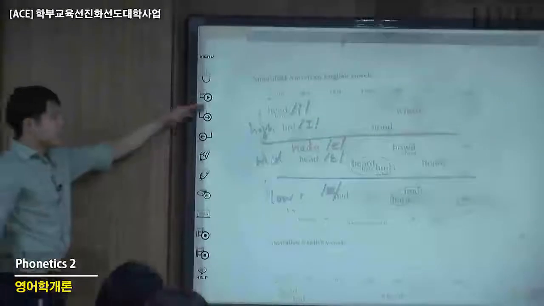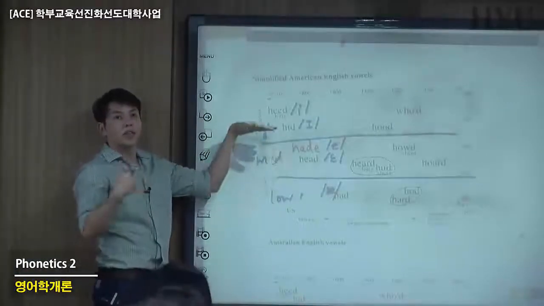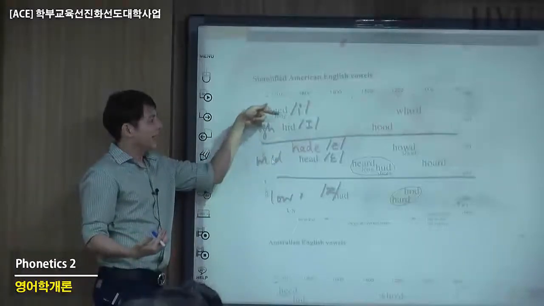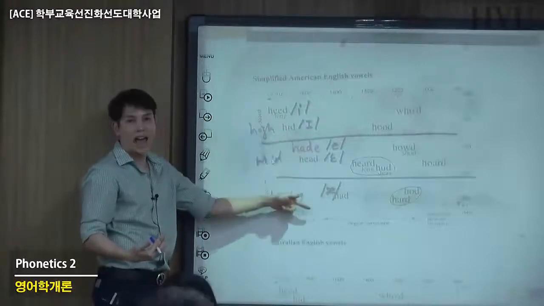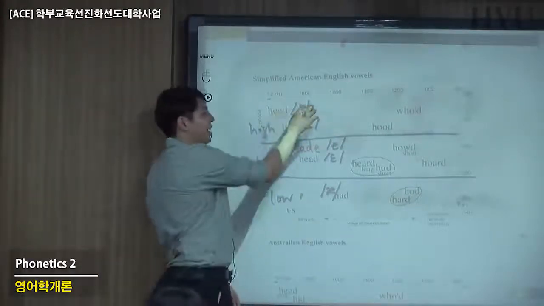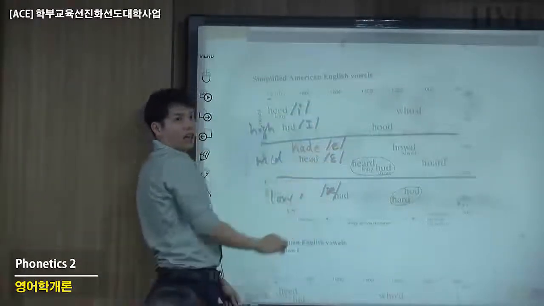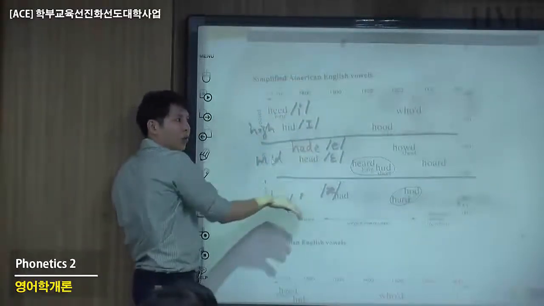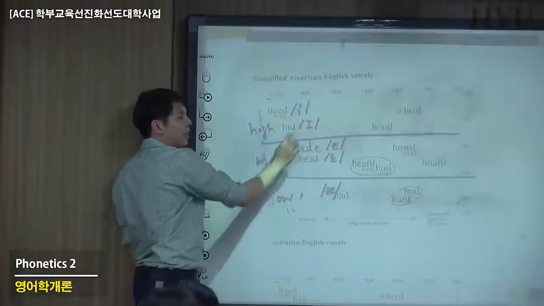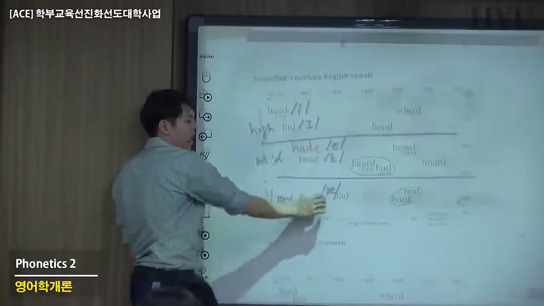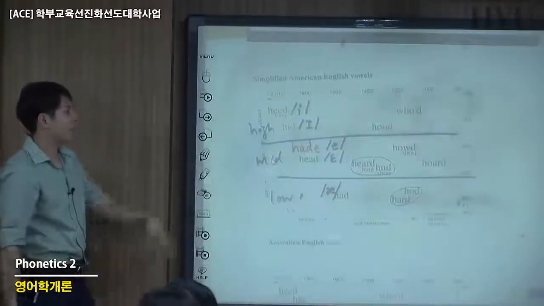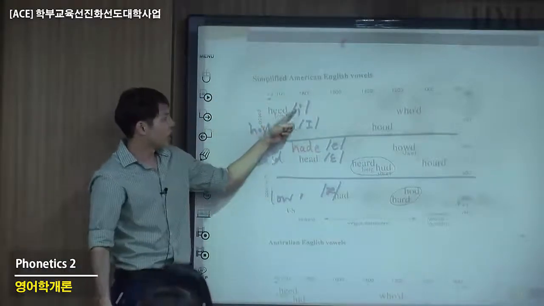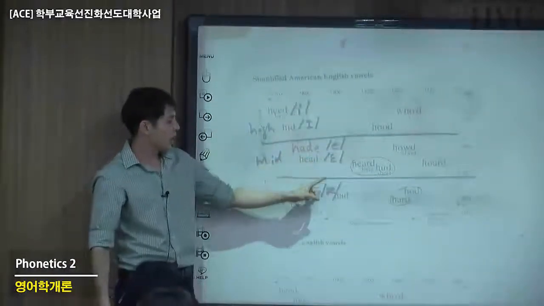So if you pronounce them successively, one after the other, it would be heed, hid, hayed, head, had, like that. So the tongue will come down from high to low, right? Heed, hid, hayed, head, had, like that, okay? From high to low.